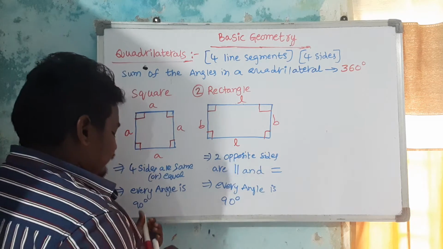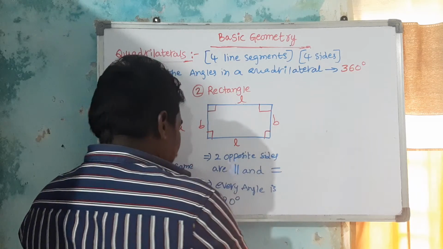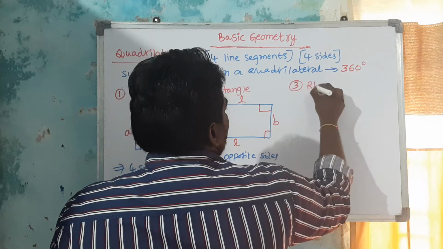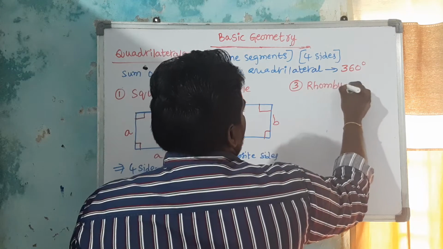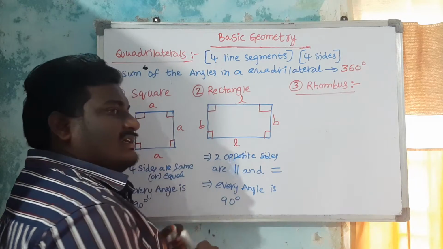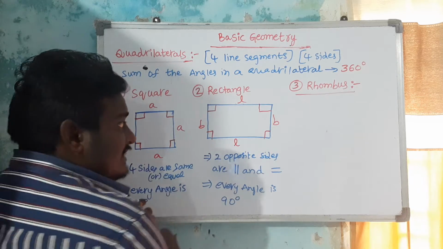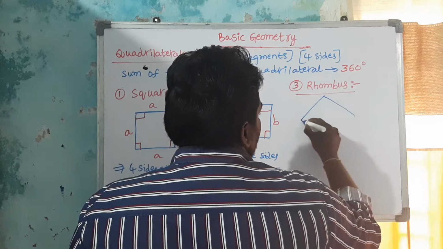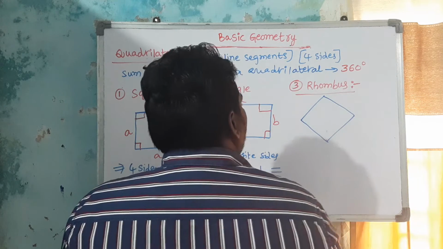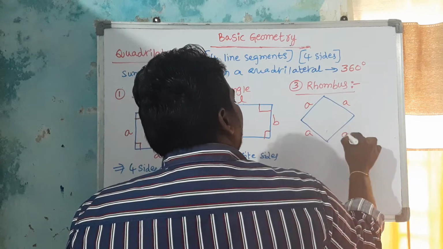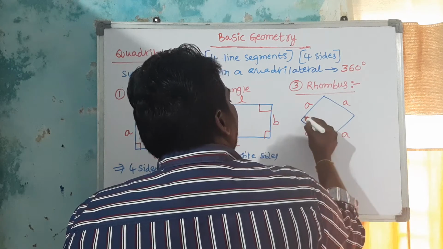We will go for the rhombus. Up to here is enough; we will discuss advanced topics afterwards. A rhombus will be like this. All sides are equal, but the angles are not 90.